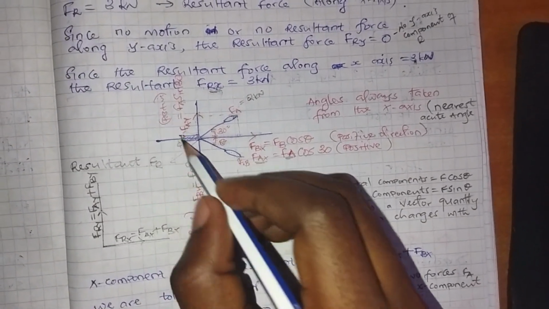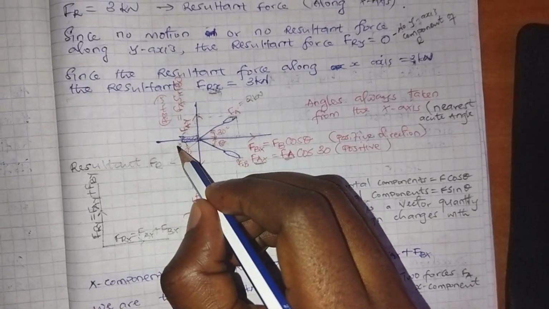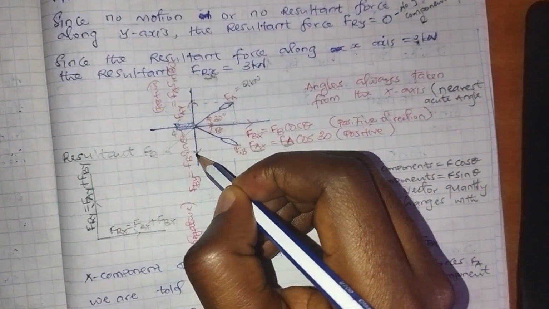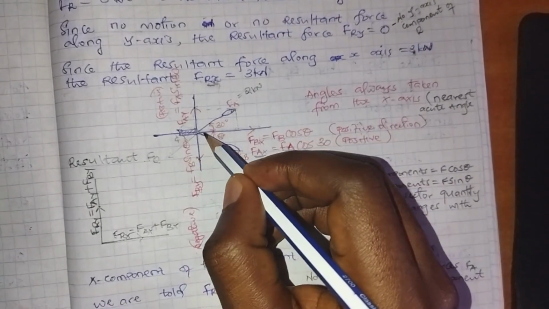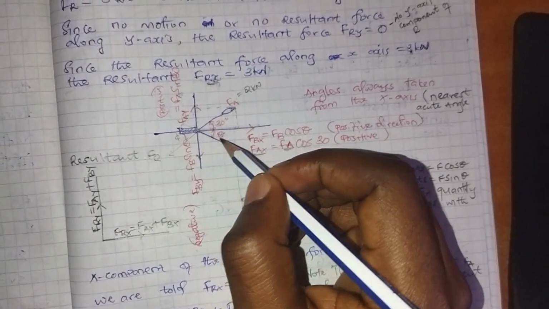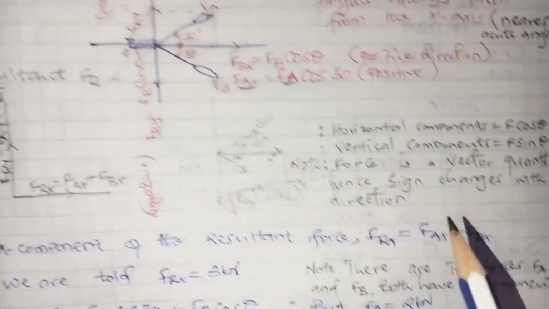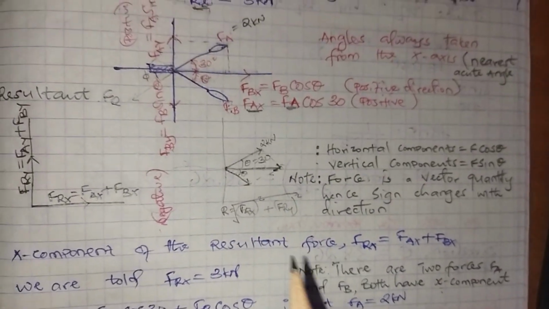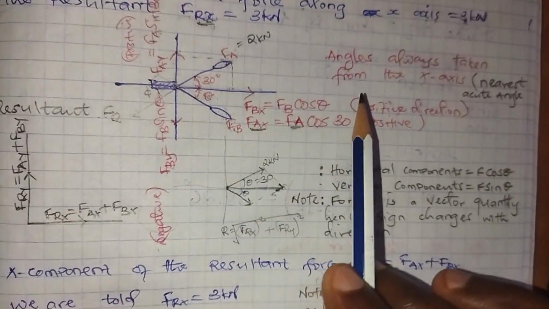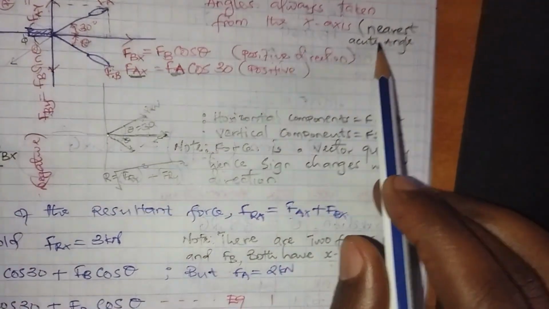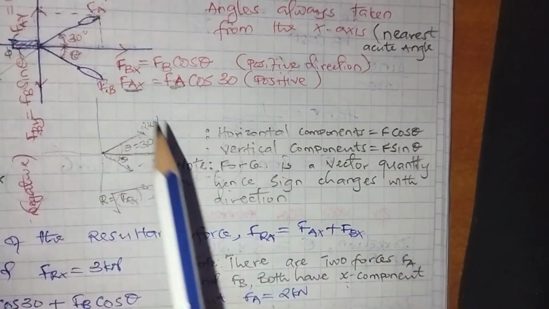For this particular force, my angle will be this one. For this one, it will be this one. Even if the force was facing this way, it is up to you. You may decide this is 90, also this one is 90. It's up to you. So basically I was trying to define that angles are always taken from the x-axis, the nearest acute angle.